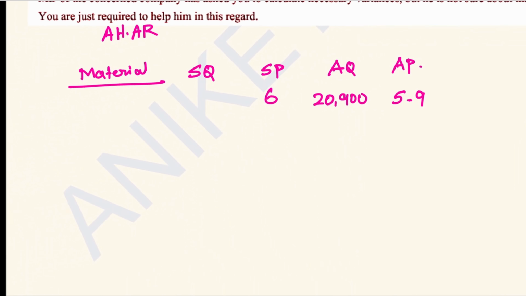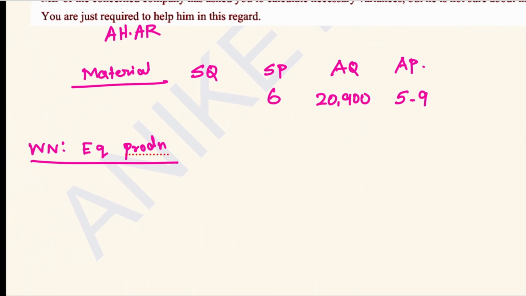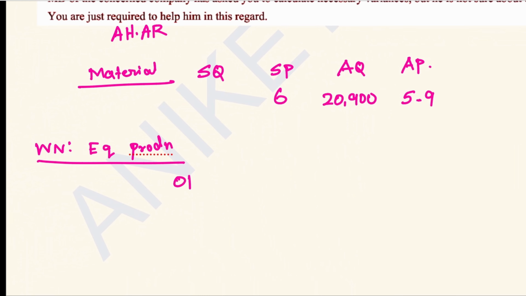So equivalent production, how do I calculate for material? So I'll write what is my output. So equivalent production, this is going to be your working note. So what is there? First is opening, then completed, correct, then you have closing.